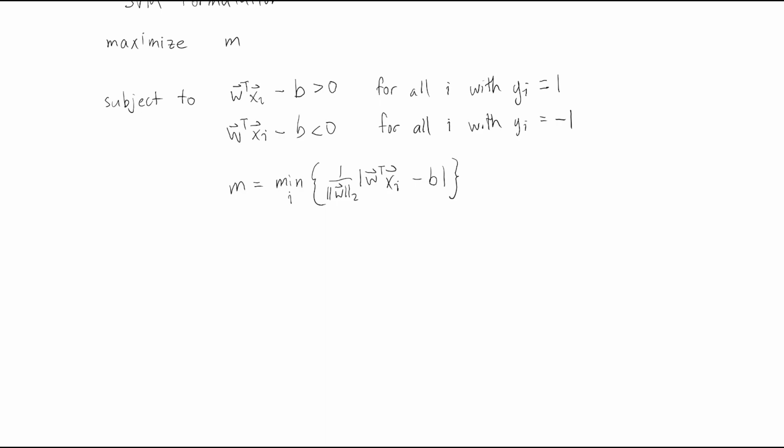Okay, so next, I'm going to replace this margin definition with something a bit simpler. So here we're saying that the margin equals the minimum distance from any data point to the decision boundary.